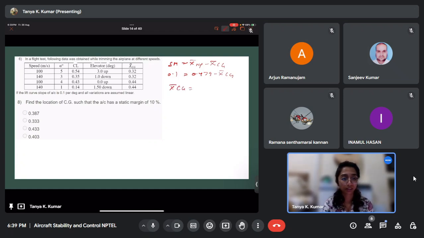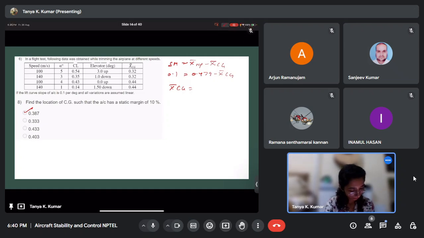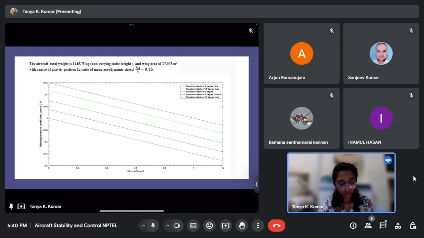X bar CG will be, closest is 0.387, right? Yeah, so I think with that we're done with the questions of week 5.